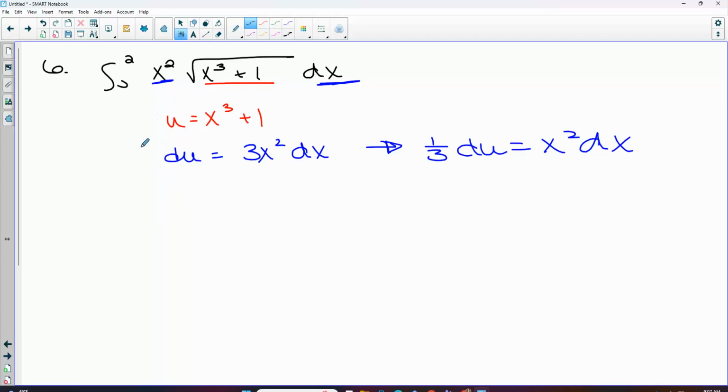So, if we choose to go ahead and change our limits, if you put a 0 in for the x, 0 cubed plus 1 is 1. If you put a 2 in, 8 plus 1 is 9. Again, if you don't change those, you just have to replace your u back at the end.